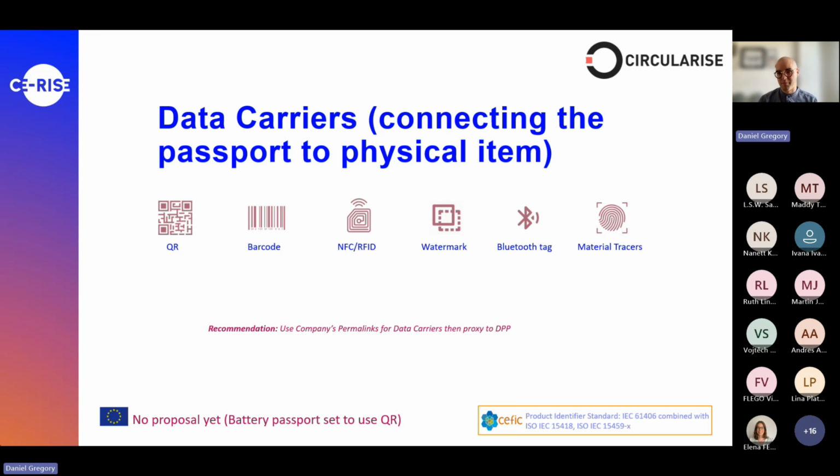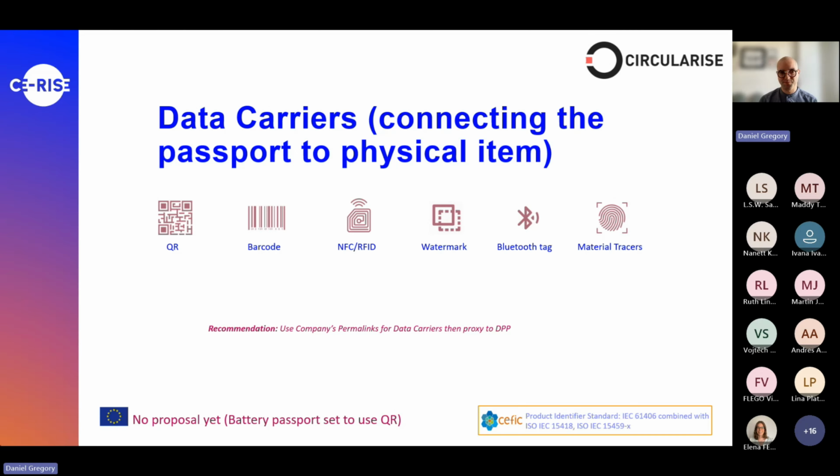You have stuff that can be engraved on a surface or printed. These are things like watermarks, barcodes, or QR codes. Those work relatively well. They generally need a line of sight and they generally need to stay undamaged, but they are extremely cheap to produce. And so it's really easy to put them on different things.